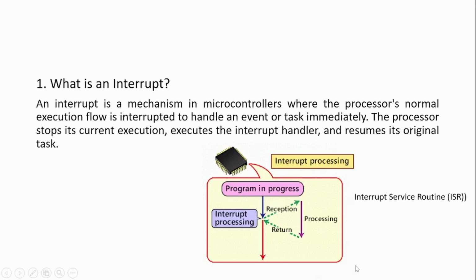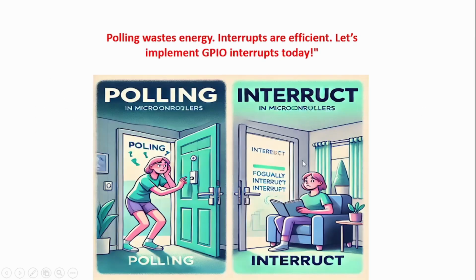Right? That is interrupt. Here in the example, you can see your program is currently executing this. Now, upon reception of an interrupt, it moves the current execution from the current program to the interrupt subroutine. This part is called the interrupt service routine, right? So in this example, the interrupt service routine is opening the door.